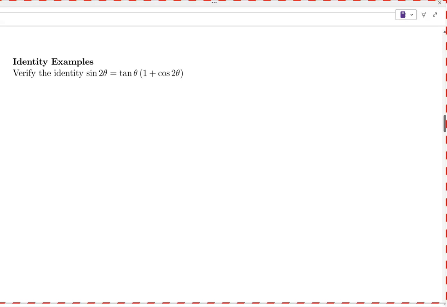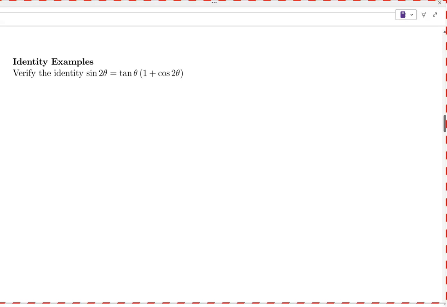Look at that, identities. Wonderful. We love identities. All right, so this one's asking us to verify that sine of 2 theta is the same thing as tangent theta times 1 plus cosine of 2 theta.